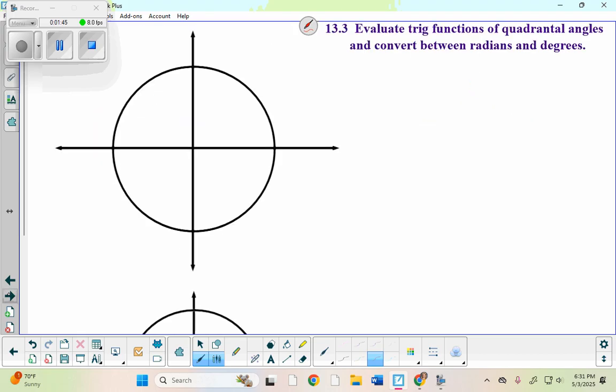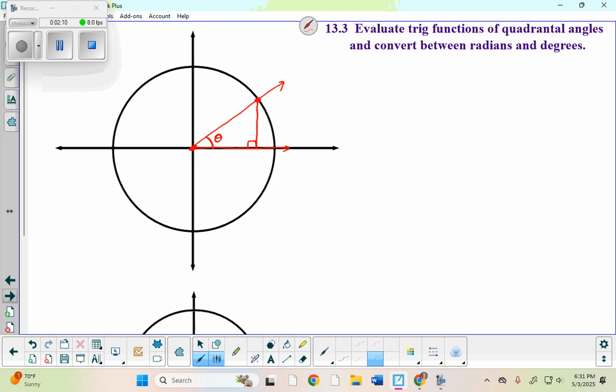So now let's review how we evaluated the trig functions on the unit circle. First we have an angle, we have the initial side. Let's just make up an angle here, and this will be my theta. We picked a point on some type of circle, and we drew a perpendicular line down to the closest x-axis.